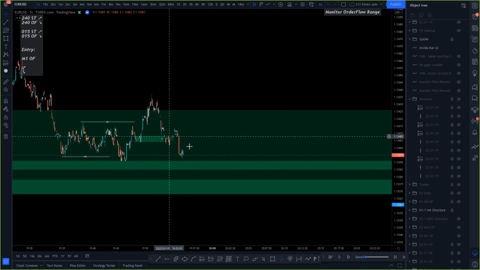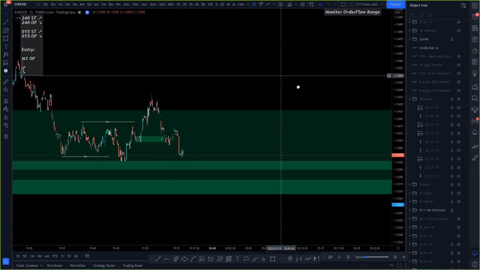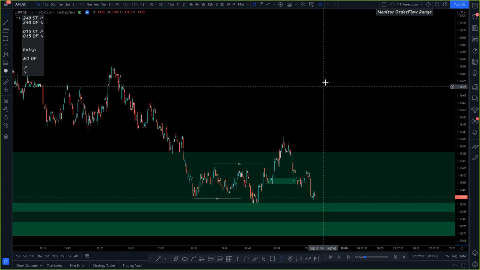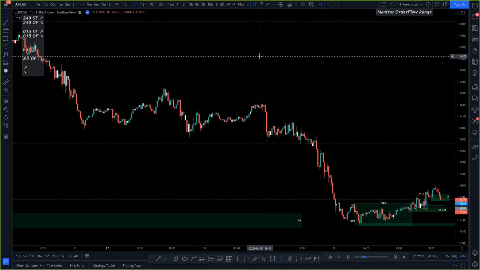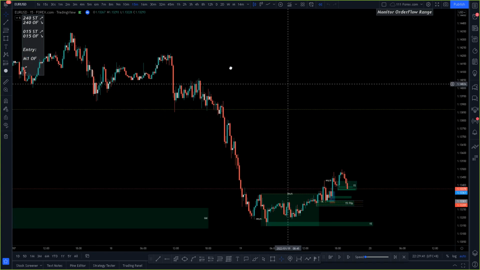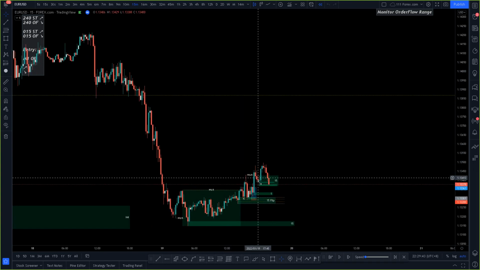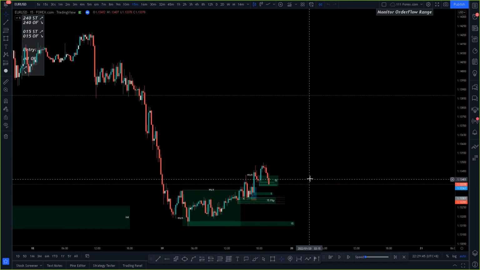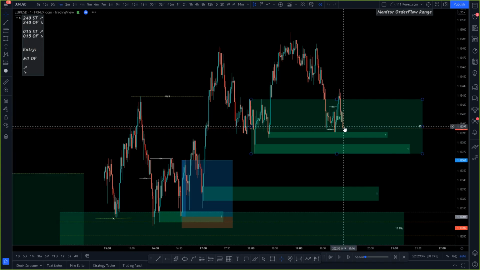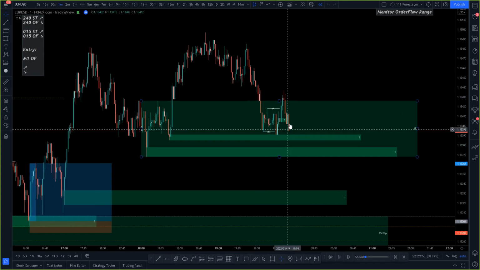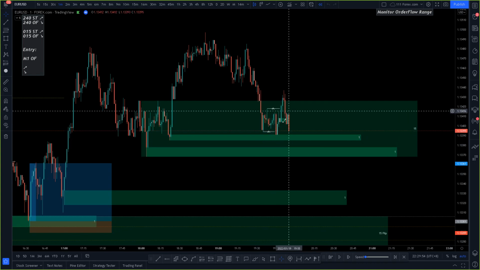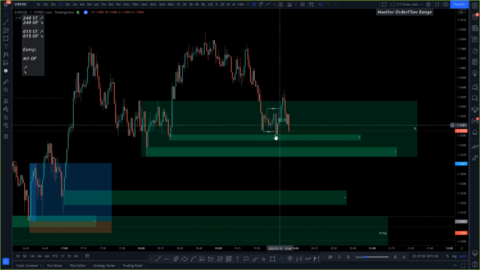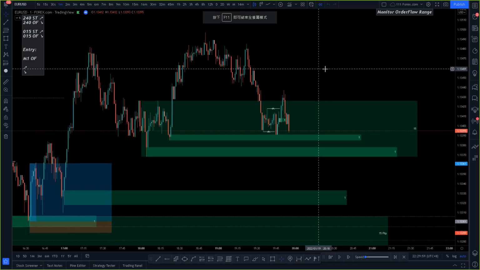So basically my entry was here. Yep, and boom. So what is my structural idea of that entry? Like, keep following M15 order flow, but it didn't hold. I wanted it to tap into this area and give me a reaction.